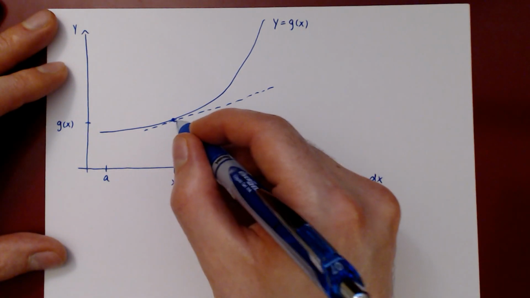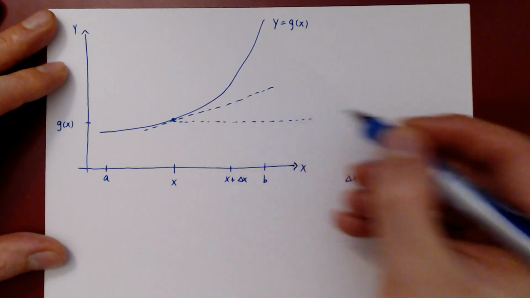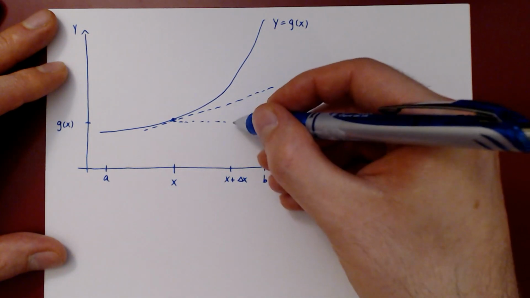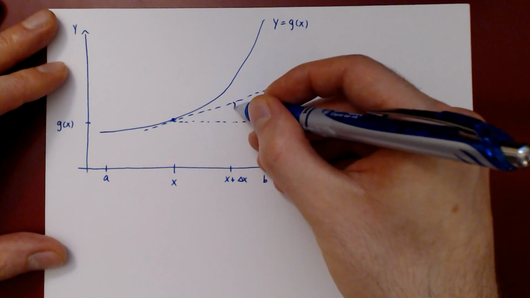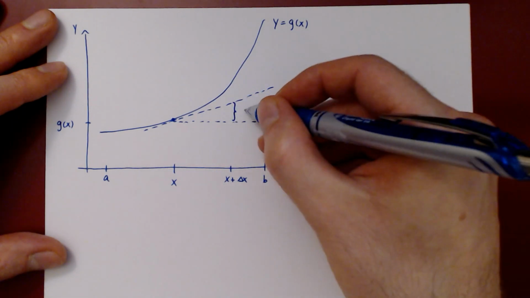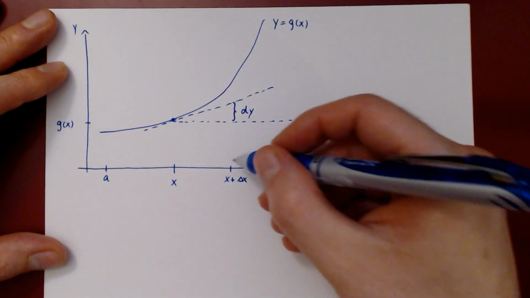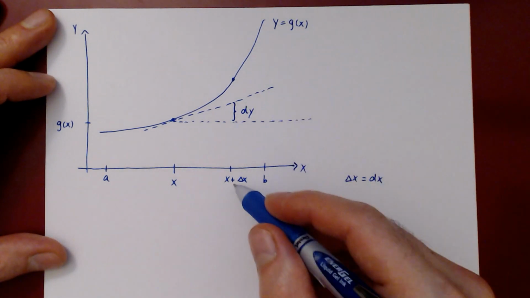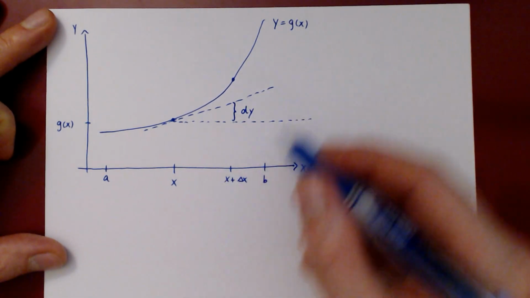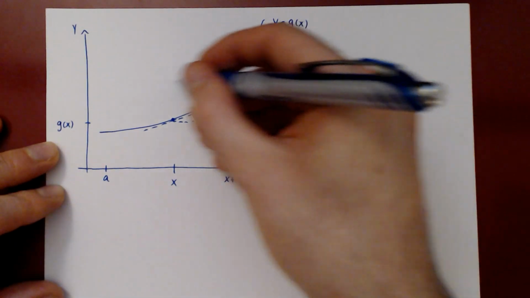So first, let us consider the vertical change along the tangent line. So we go from here to here. This, of course, is given by the differential dy. Now the y value on the function here is this point, and of course the y value at x plus delta x is g at this point, g of x plus delta x.